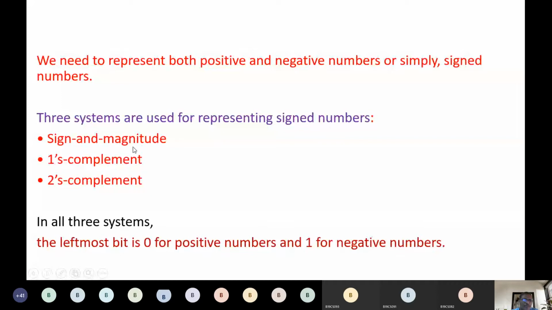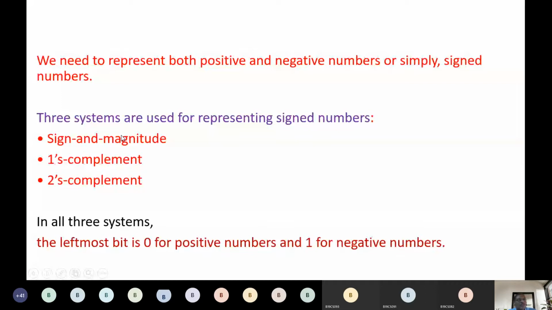Sign and magnitude. These are the three different methods of representing positive and negative numbers, also called signed numbers. Signed numbers can be represented with the sign and magnitude method, the ones complement method, or twos complement.